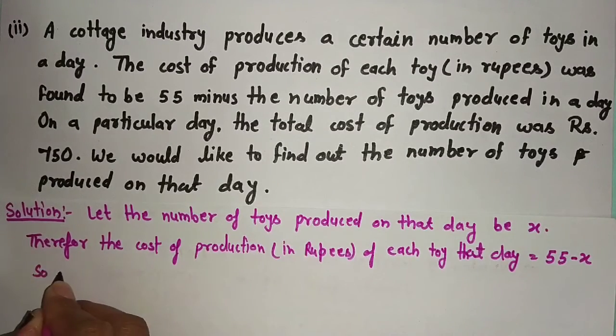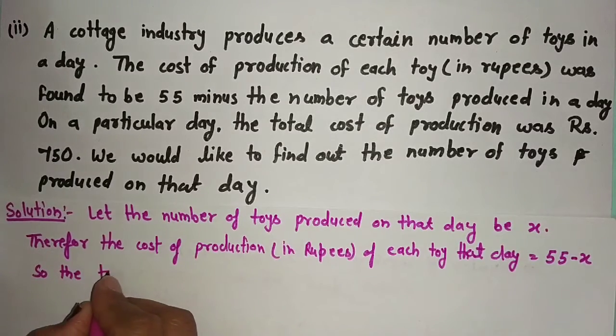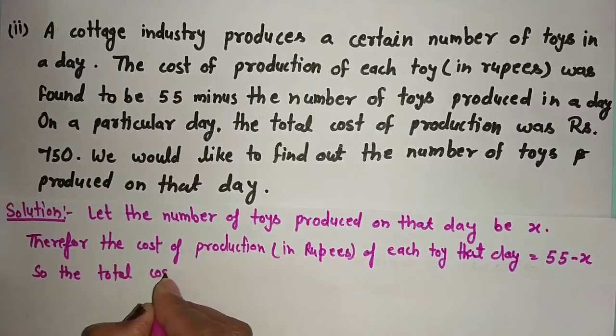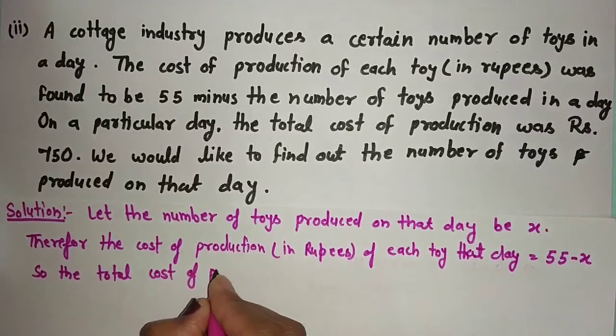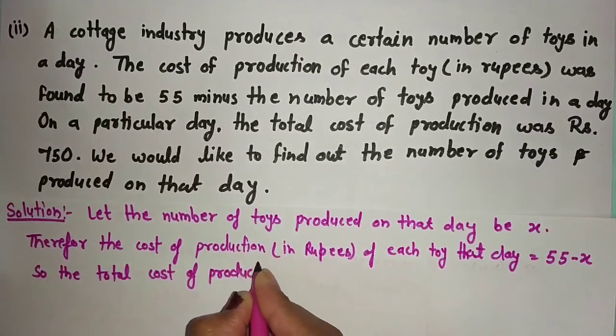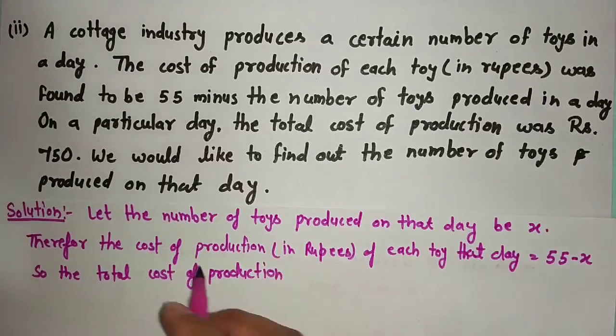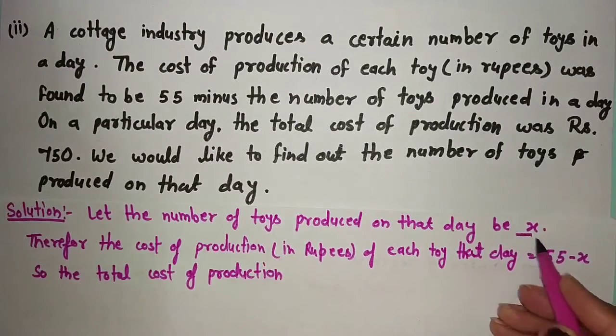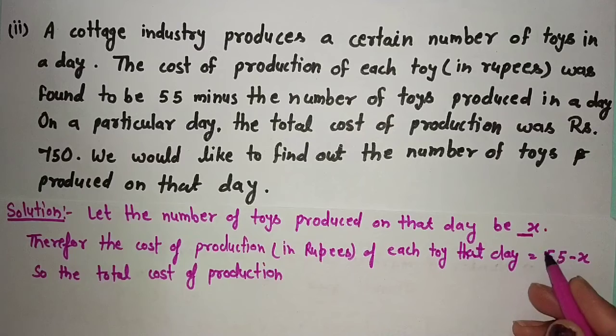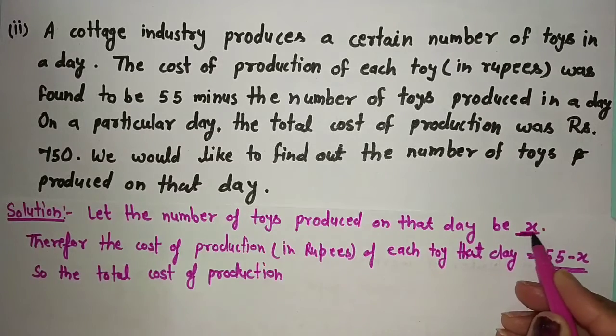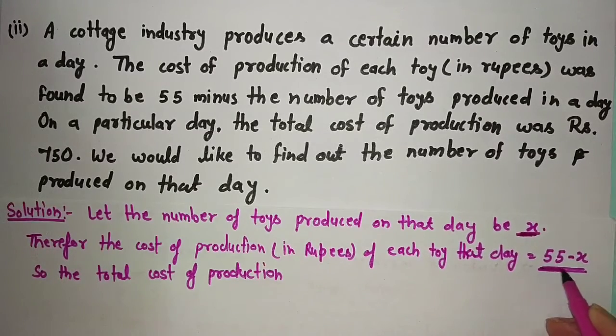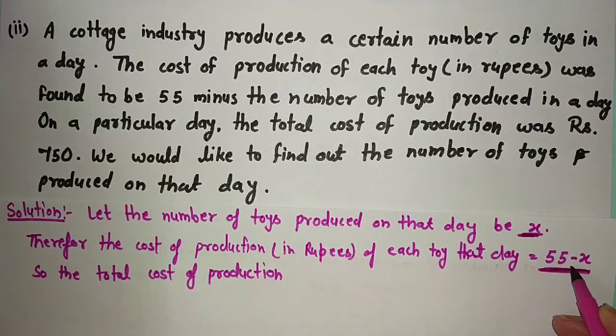So the total cost of production: the number of toys is x and the cost of one toy is 55 minus x.